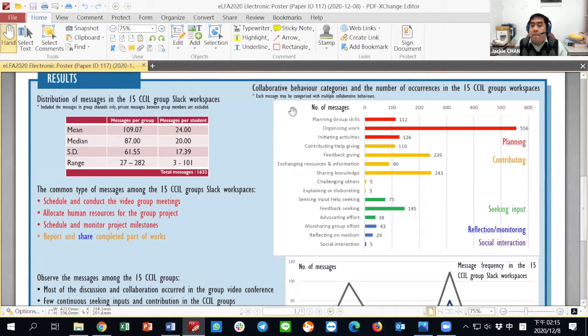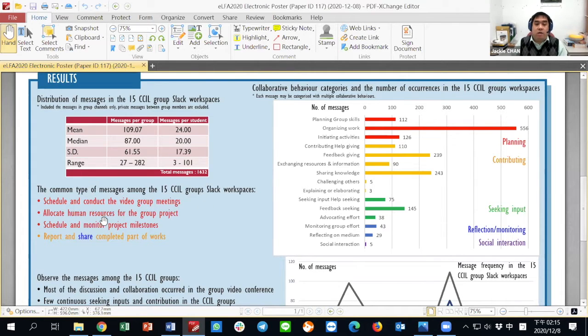You can see that most of the activity was planning or organizing the work in the assignment, while a number of messages were also contributing knowledge or information to the group.